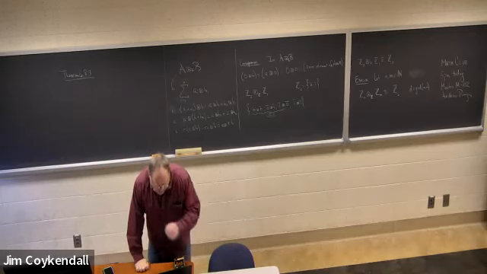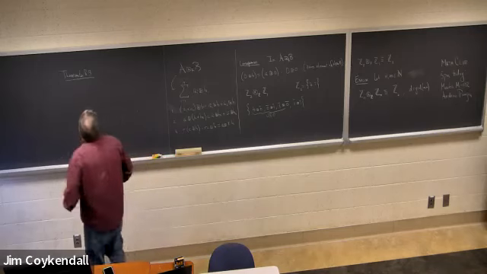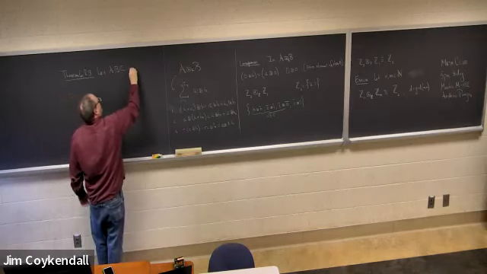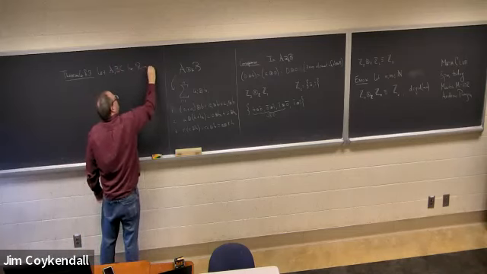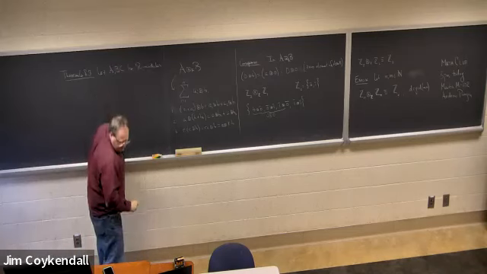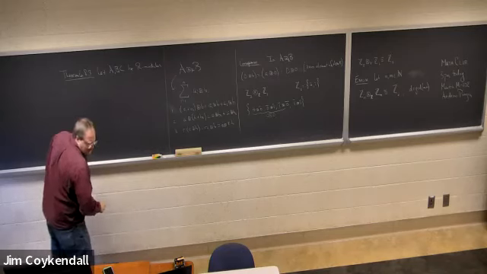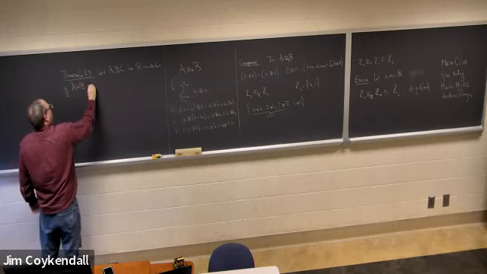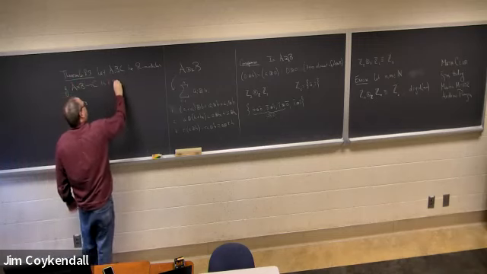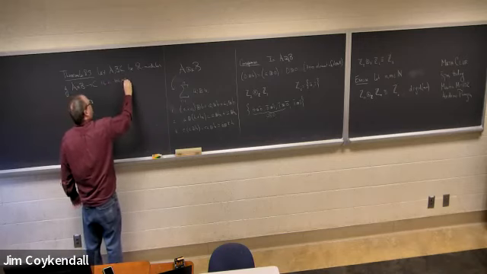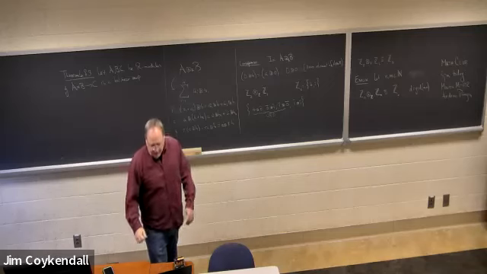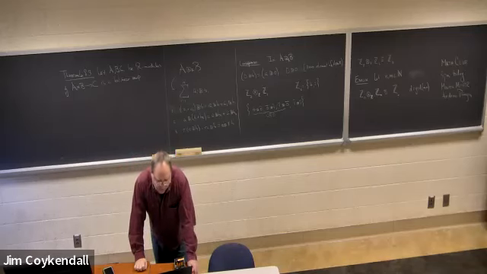Suppose that A, B, and C are R modules, and G from A cross B to C is a bilinear map. So remember, when you fix one variable, it's linear in the other.